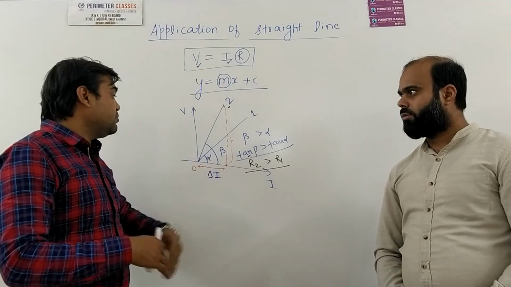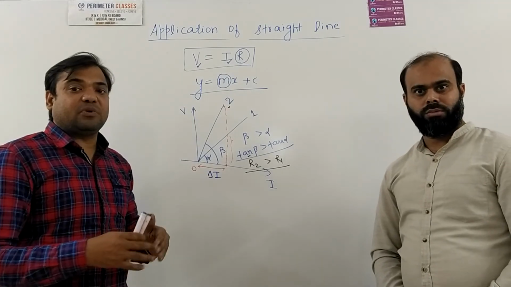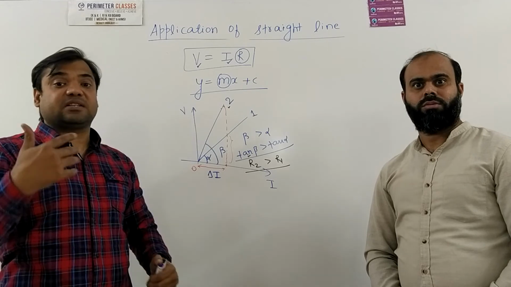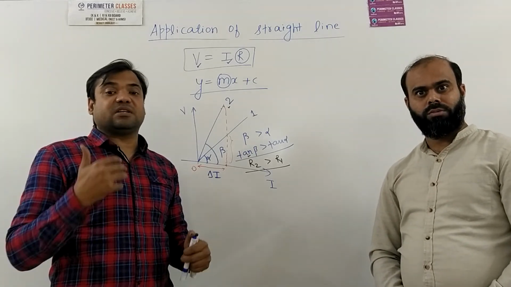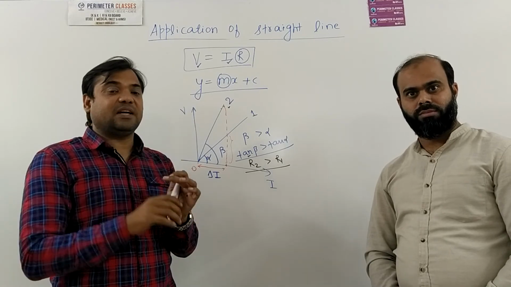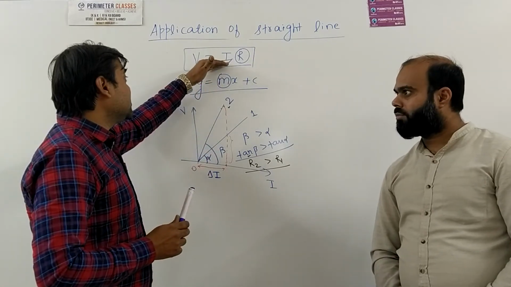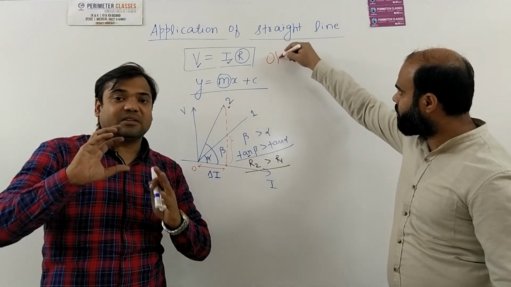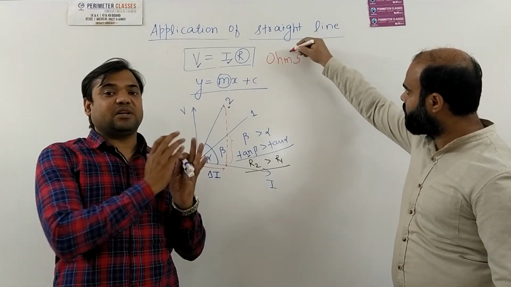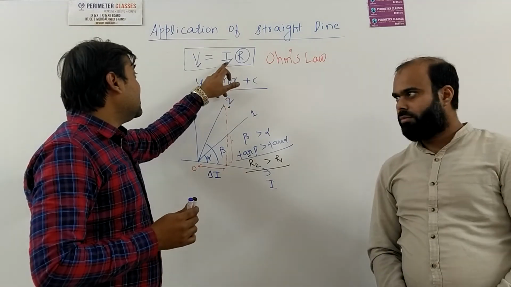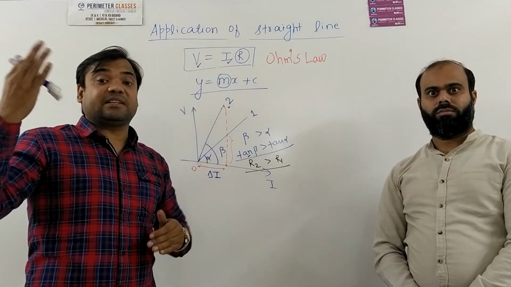To displace a body by the same amount, we have to apply more force, meaning the body is more resistive towards the change of its state of motion, which is similar to Newton's law. So you can say that the equation of Newton's second law and Ohm's law are similar. You just have to see things slightly differently. The potential difference here represents force, and I represents, in that case, acceleration.